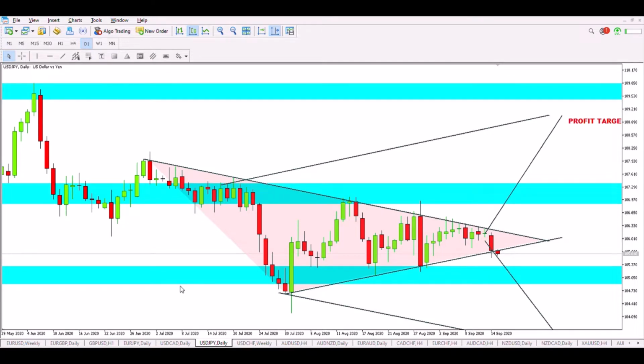Okay, so what are the forex patterns? Basically, the forex patterns are cycles in the market which are repeating again and again, and which you can find on every single time frame, on every single pair. This is very important to know. And why do they work so well?